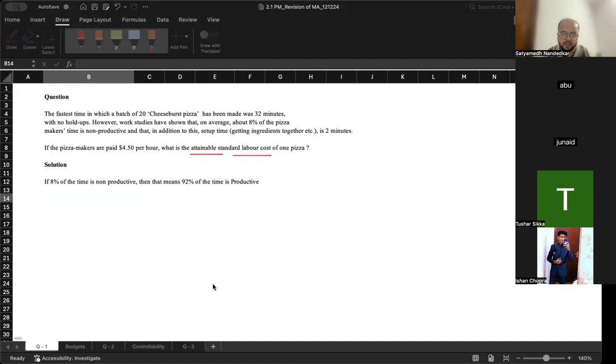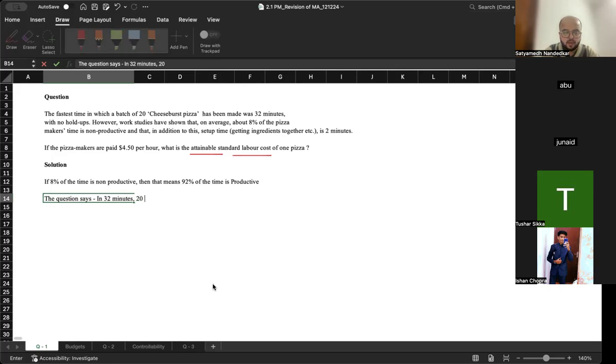The data says that in 32 minutes, 20 pizzas are made without any hold up. Without any hold up means without any distraction, without any time pass. The question says in 32 minutes, 20 pizzas are made, but this is without any hold-ups, that is, without any wastage of time.